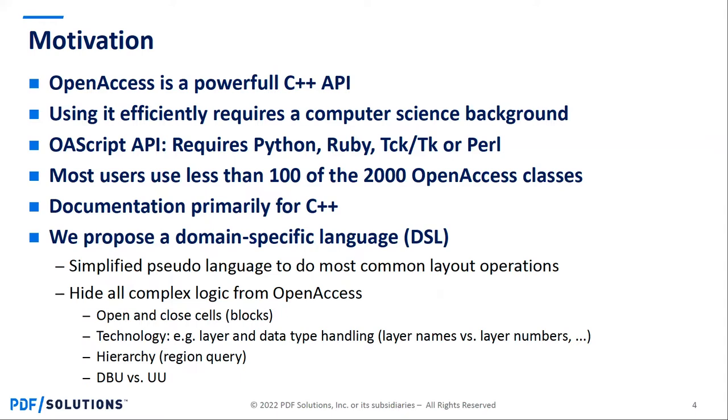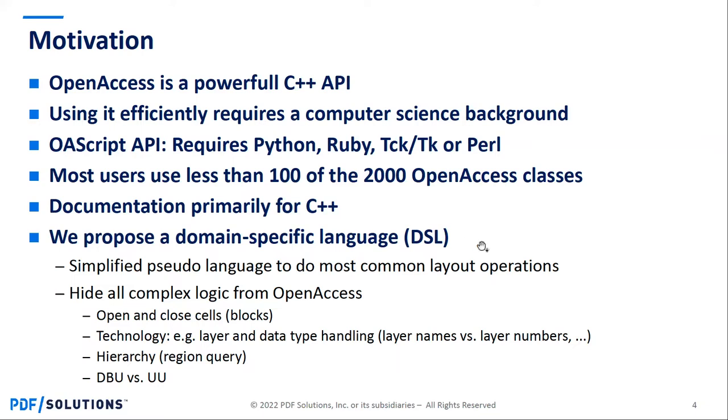So as I said, I wanted to propose a domain-specific language. The idea behind this is to have a simplified pseudo language which still does most of your common layout operations. And the key is to hide any kind of complex logic from OpenAccess.